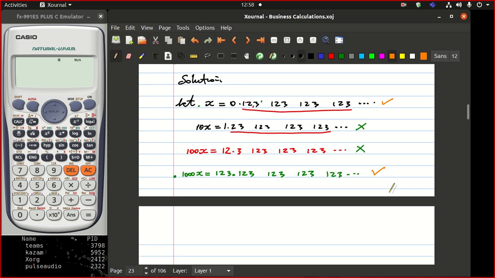So the next thing that you actually do, you want to take your 1000x and then you subtract this 1x there, right? And then after that, of course, 1000x was the same as 123.123 123 123, and then we continued, and then we are subtracting 0.123 123 123, and then we continue all the way up.